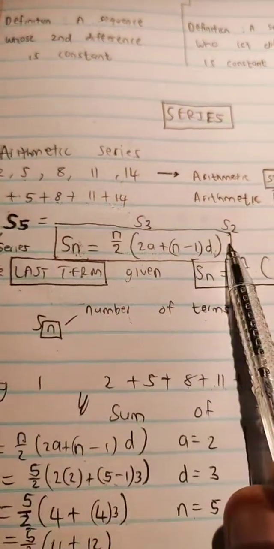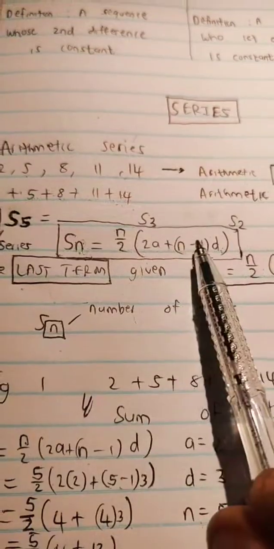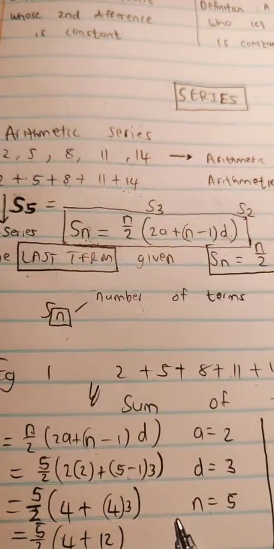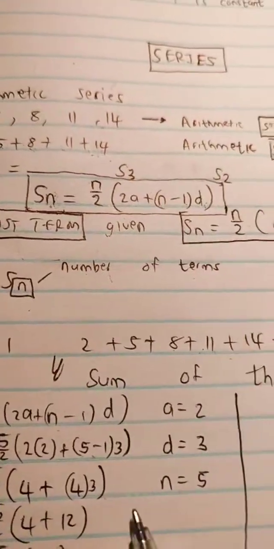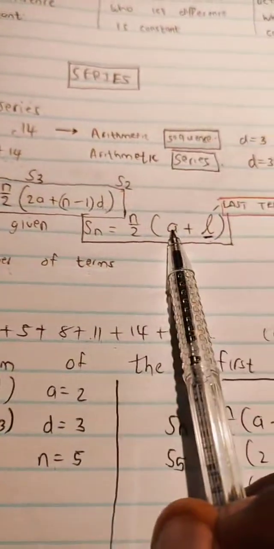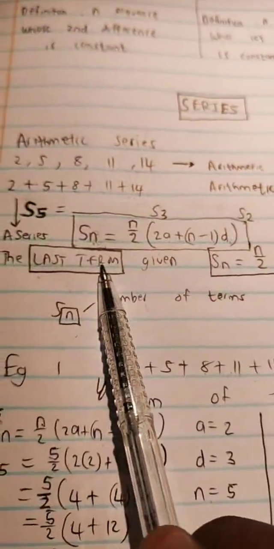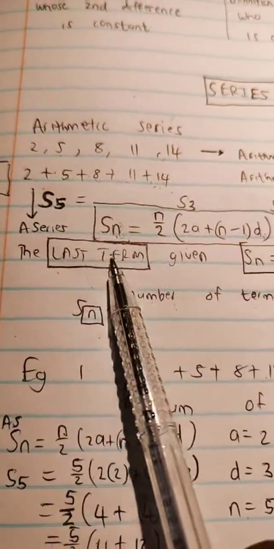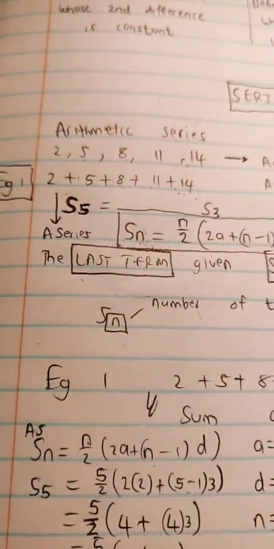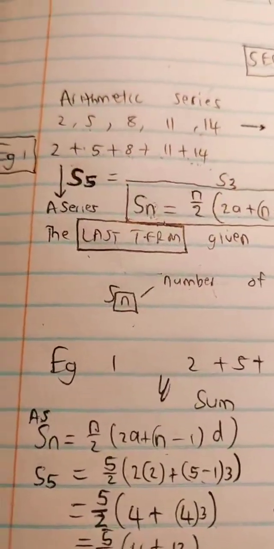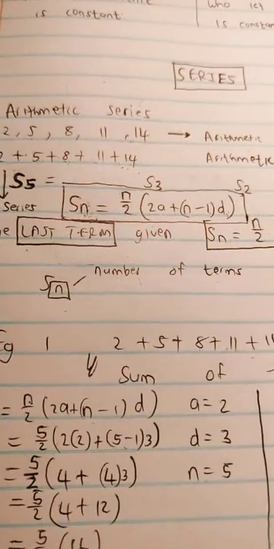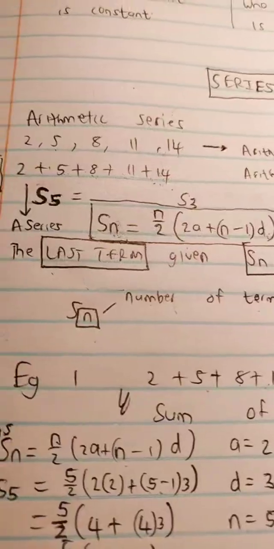You have the first formula, which needs A, N, and D. N means number of terms. You have the second formula, which is used only when we know what the last term is for the number of terms that we are asked to calculate the sum of.